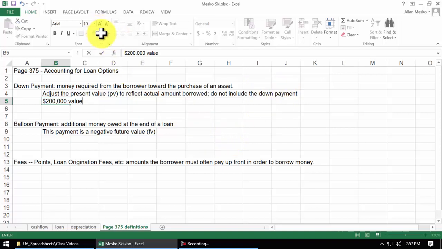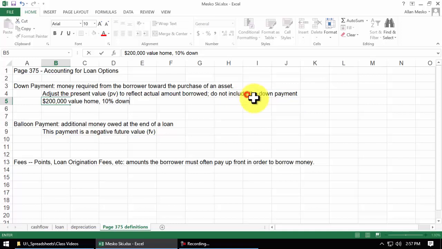So they need to get some of that money up front to prevent heavy losses should something bad happen from the borrower. So a $200,000 value home, let's say they required a 10% down payment.